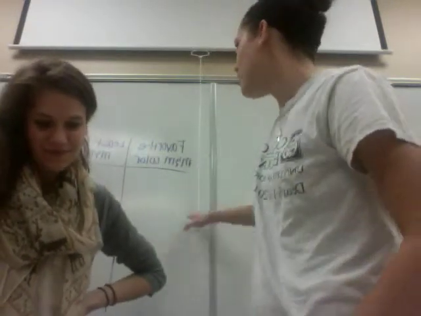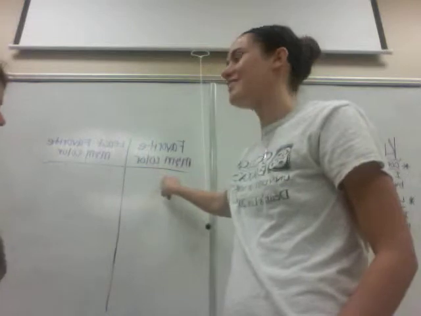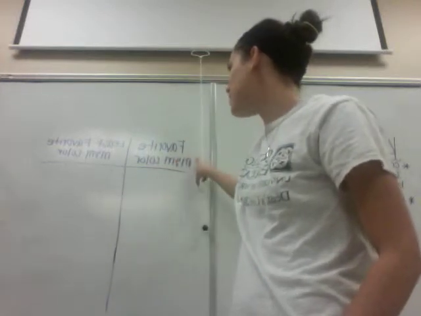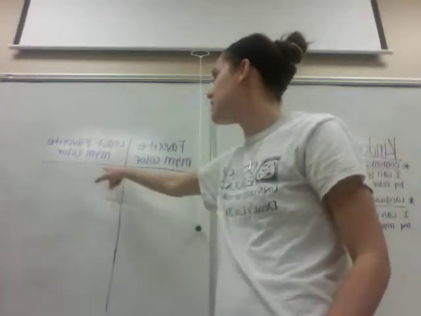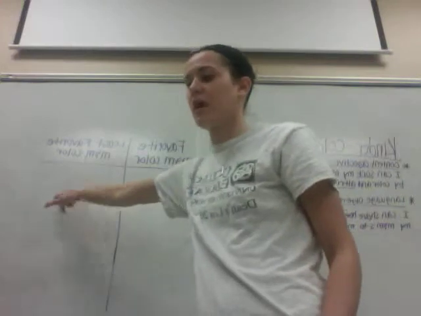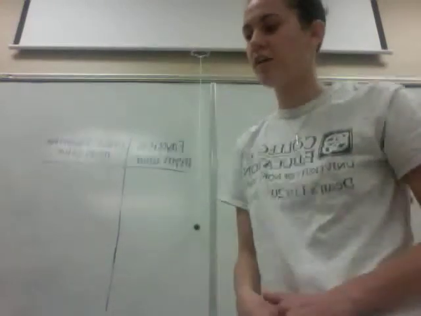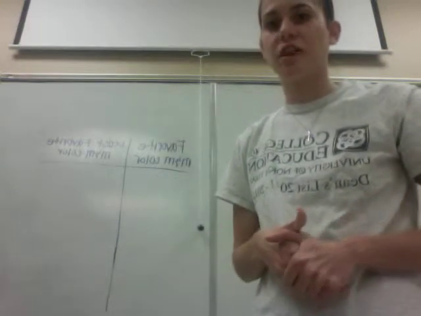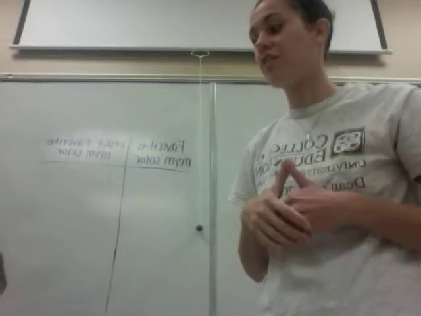All right, now we're going to graph. On the board, we're going to use a T-chart. Remember, we talked about T-charts last week, and it's our graphic organizer that we use. And we're going to graph your favorite M&M color, and your least favorite M&M color. So I'm going to go ahead and call out each color that's on your chart, and I just want you to raise your hand if that's your favorite color.